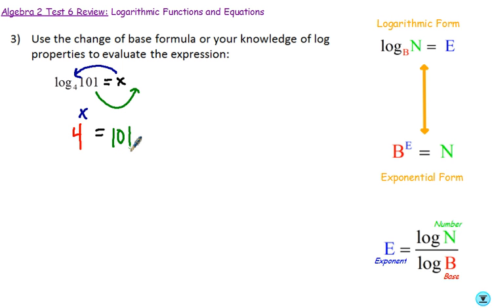Well, if I tried 4 to the first power, I'm just going to do some scratch work here. 4 to the first power is 4. 4 squared, 4 times 4, is 16. 4 cubed is 64. And 4 to the fourth power, that's not 101.